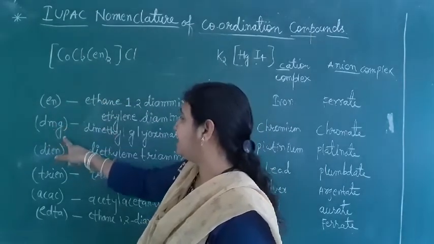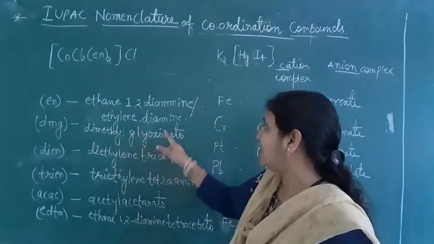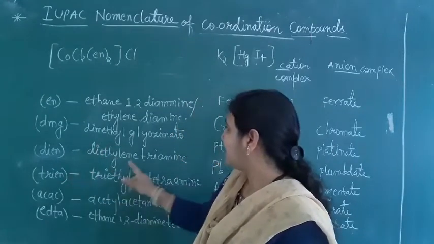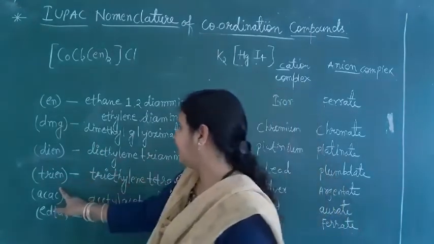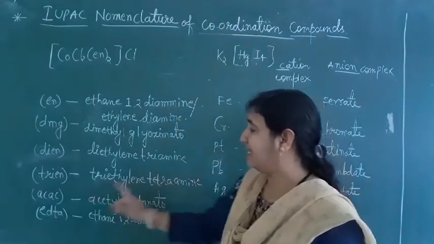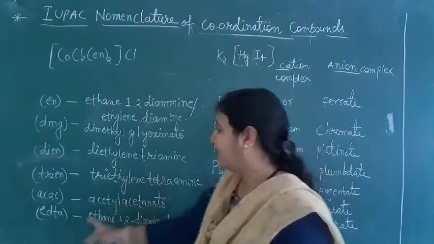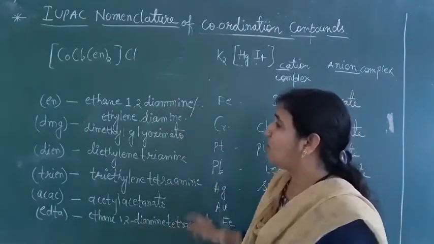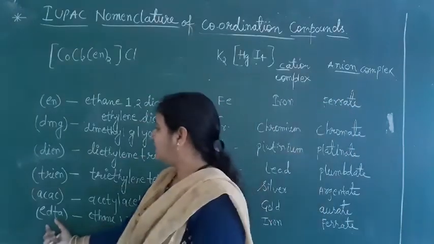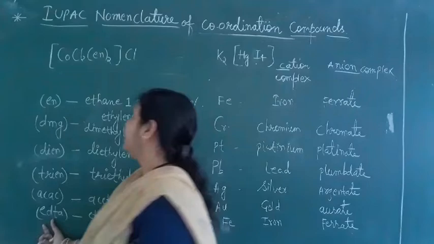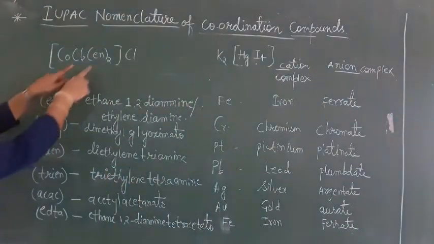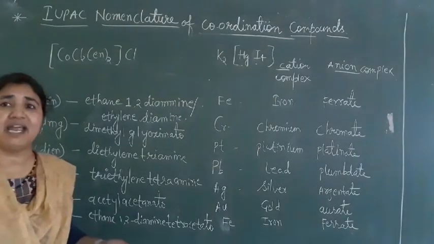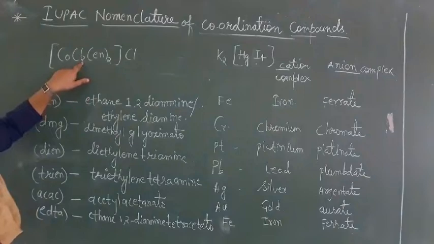Similarly DMG means dimethylglyoximato; dien is diethylenetriamine, trien is triethylenetetraamine, acac is acetylacetonato, EDTA is ethane-1,2-diaminetetraacetato. Instead of the whole structural formula, we can write the abbreviation, and it is written in parentheses.